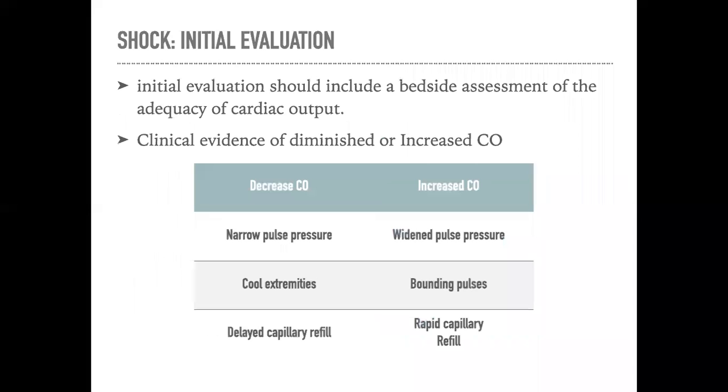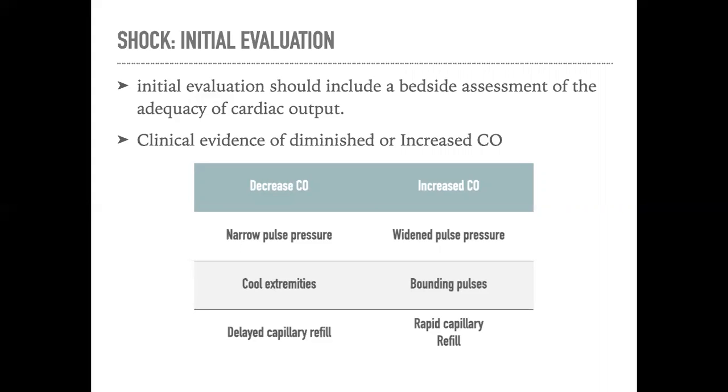In the initial evaluation of shock patients, at the bedside, we should be able to assess whether there's adequate cardiac output. If you try to judge whether you have a decreased cardiac output or an increased cardiac output, you look into the pulse pressure. That's the difference between the systolic pressure and the diastolic pressure.